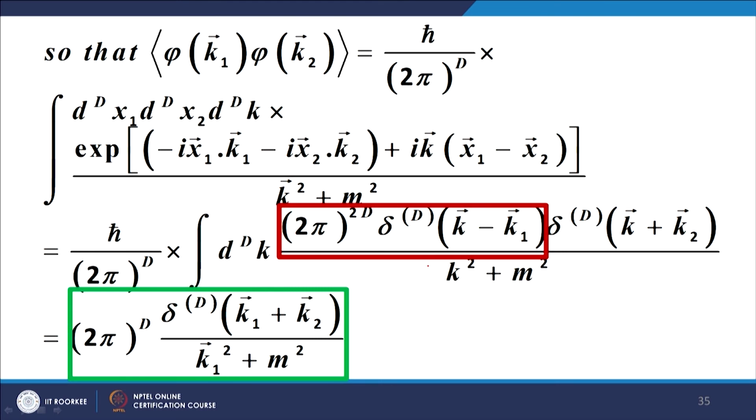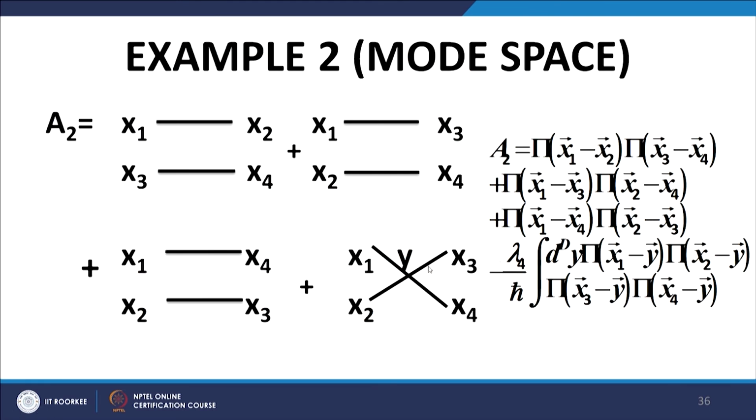this expression. Now, we look at the second example, that is the example of A2, the 4-point function, the lowest mode. A2 is given by the expression that you have on the slide. We shall first analyze the last term, the fourth diagram that involves a 4-point vertex.